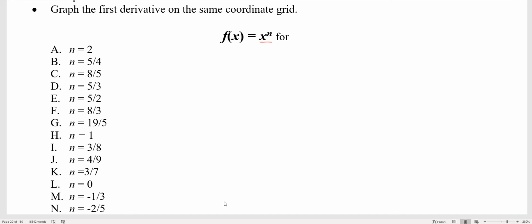So see if that agrees with what the shape of the original graph looks like, and then also from the transformations of power functions where you put a coefficient in front, see if you can figure out what the graph of the derivative is supposed to look like from that. And then go ahead and graph the derivative on a graphing calculator or your computer software, and see what that looks like.